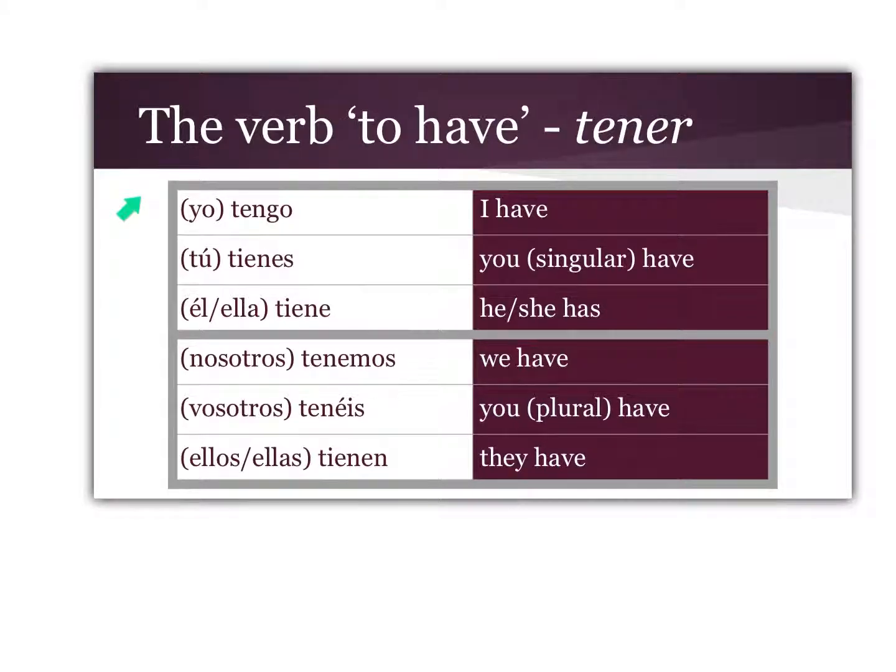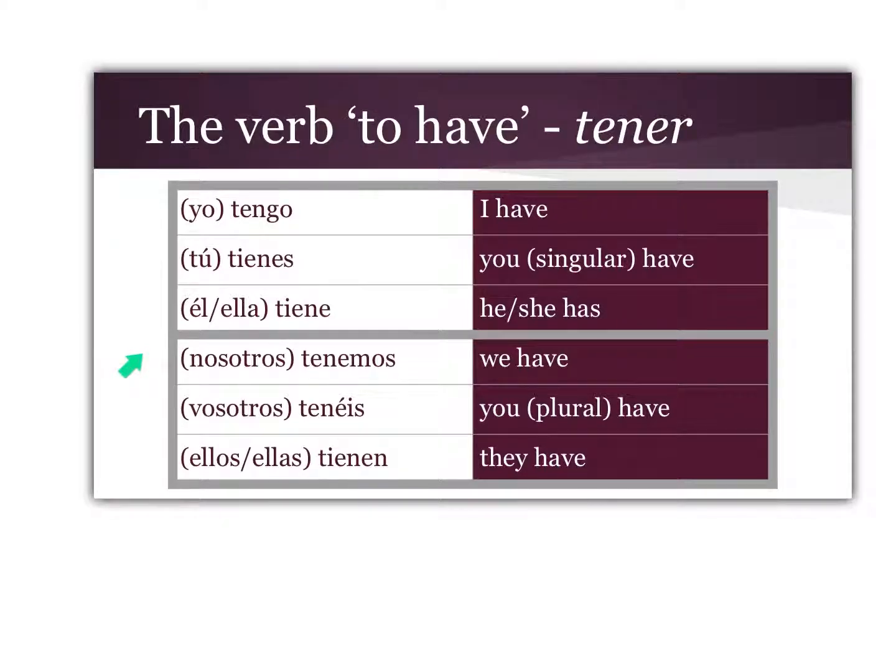That's the reason why we set out a verb like this when we learn its conjugation. Yo tengo un gato, I have a cat, first person singular. Tú tienes un gato, you, just one of you, have a cat, second person singular. Él, ella, tiene un gato, he or she has a cat, third person singular.